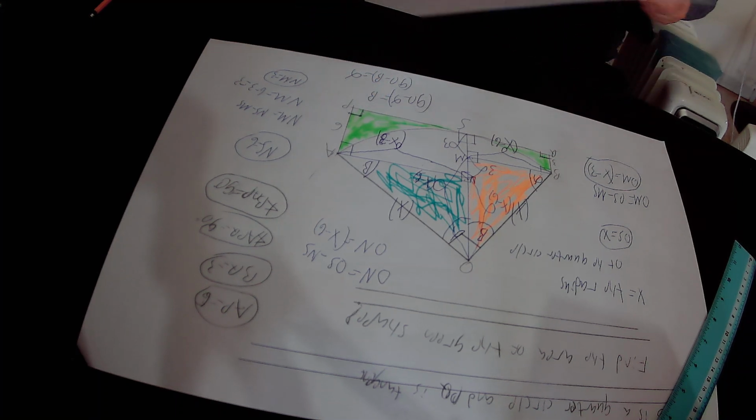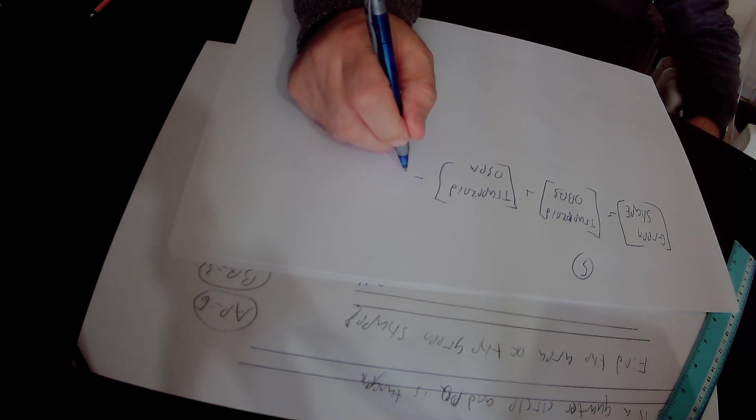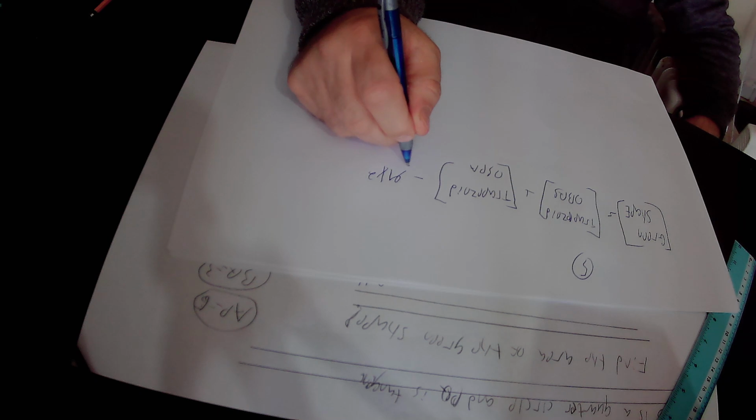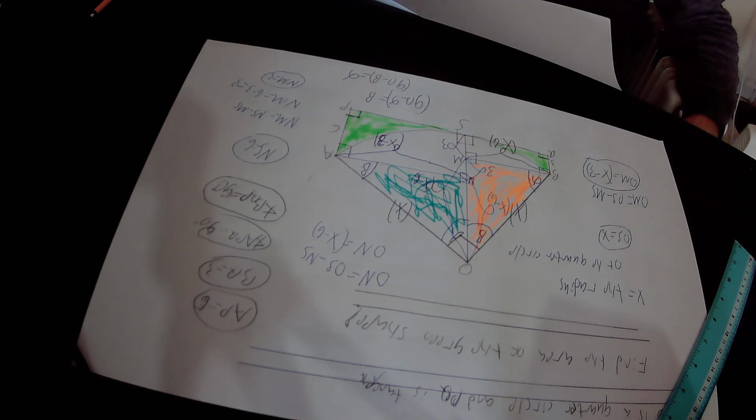The area of the quarter circle equals the area of the circle, that is pi x squared, over 4.